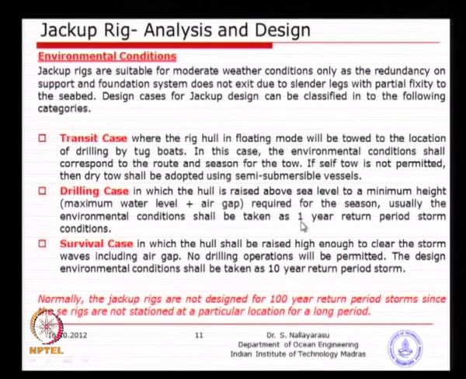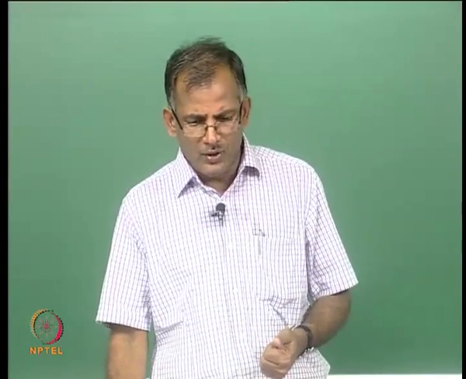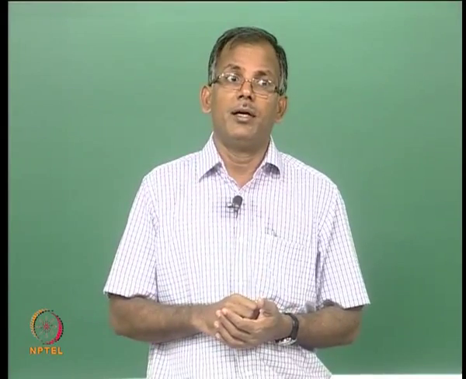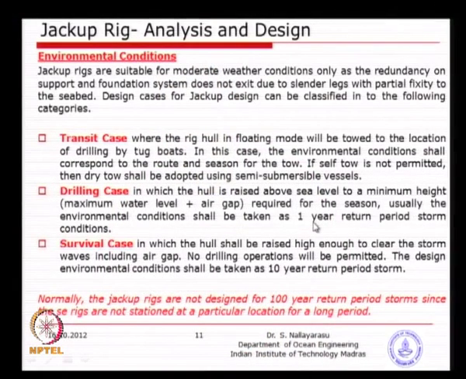I hope all of you understand what that return period is which we were talking about earlier on, 100-year storm condition versus 1 year storm conditions. Similarly, the survival case: in case during drilling unforeseen things happen, an extreme storm hits the location, because a 100-year storm also can hit. The probability of hitting is 1 in 100, whereas the 1 year storm is definitely going to occur within that 1 year if you 100% stay there.